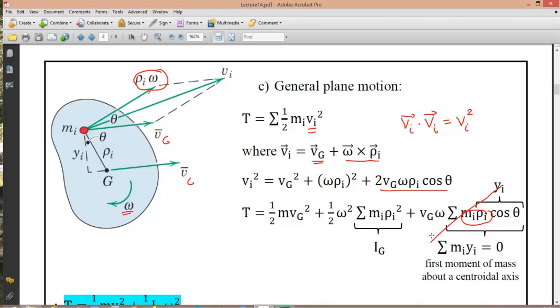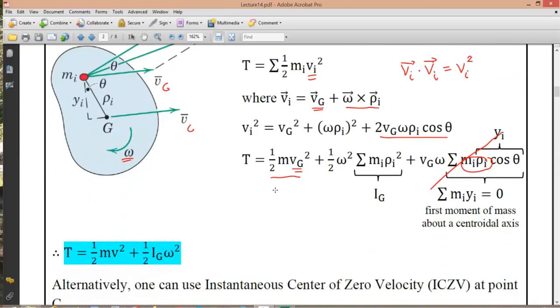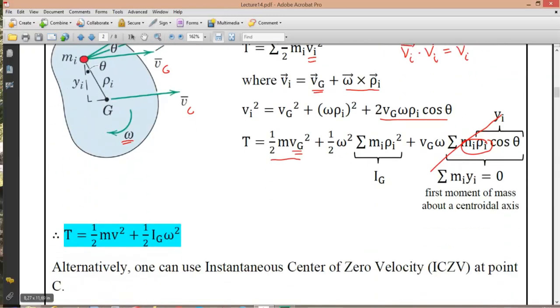So this last part cancels out, and the other parts is 1 over 2 m v squared, and this is the velocity of the mass center, plus Ig omega squared, which is exactly the same thing that I wrote here. 1 over 2 Ig omega squared plus 1 over 2 m Vg squared. So this is true for general plane motion as well.